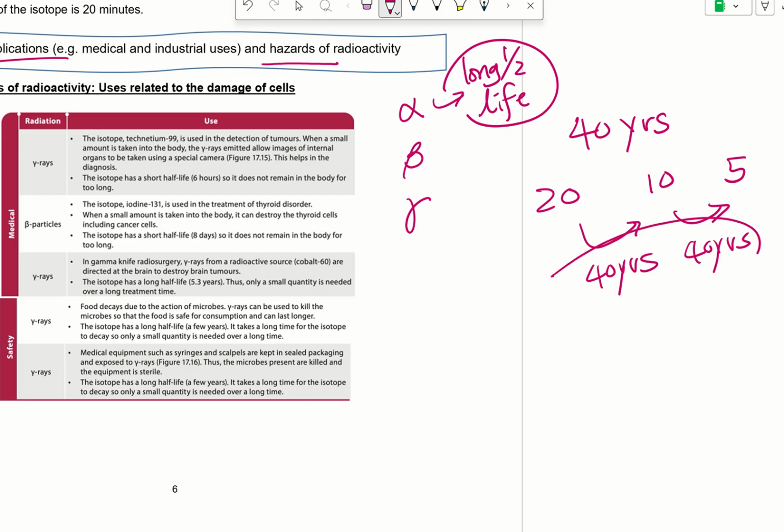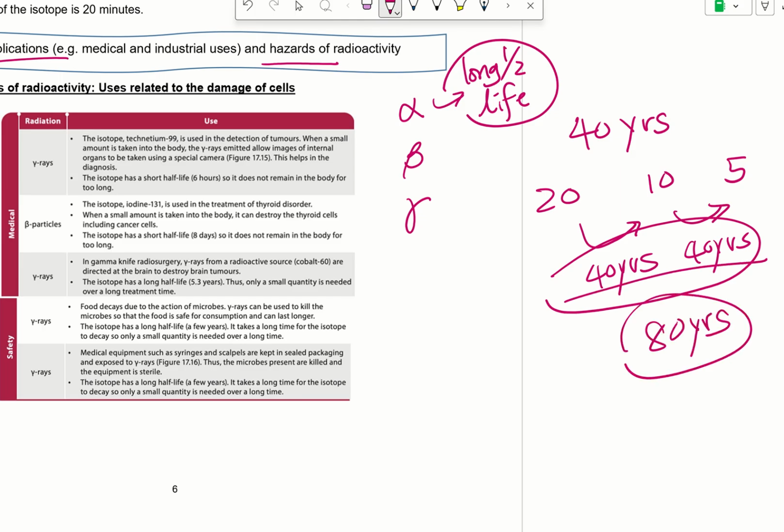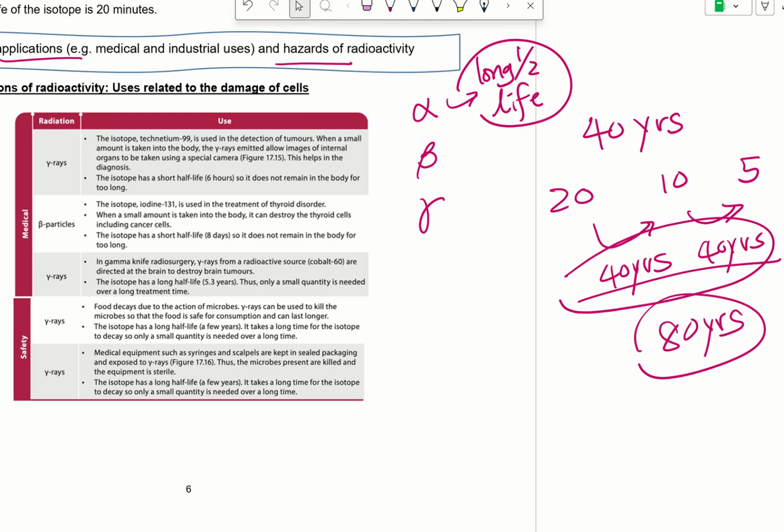So if this sample is introduced into my body, I will still be receiving radiation after 80 years. Do you want your body to be subjected to this kind of radiation? I don't think so, right? So that is also a possible consideration when they choose the kind of radiation.